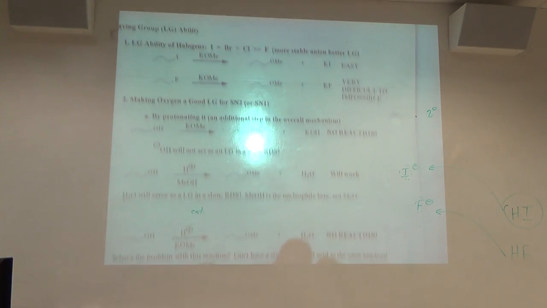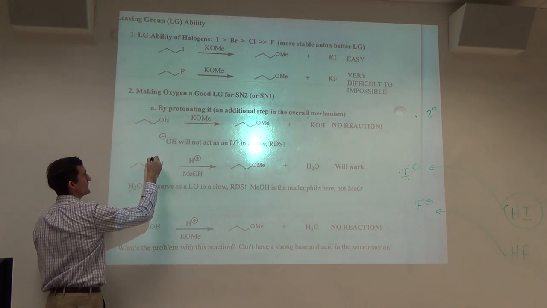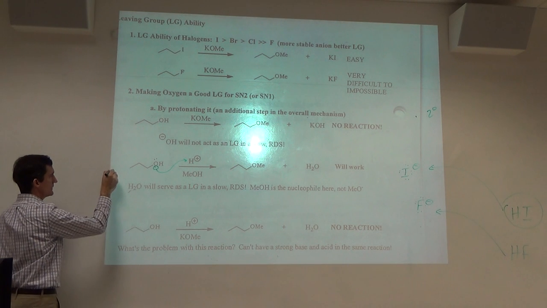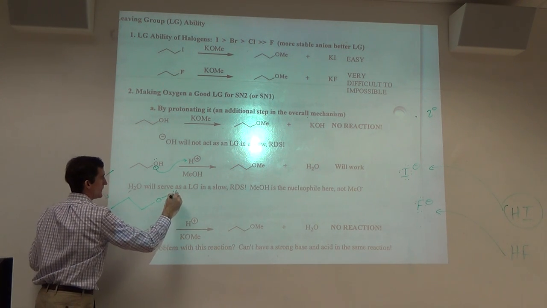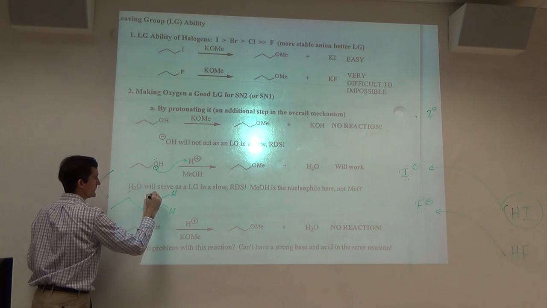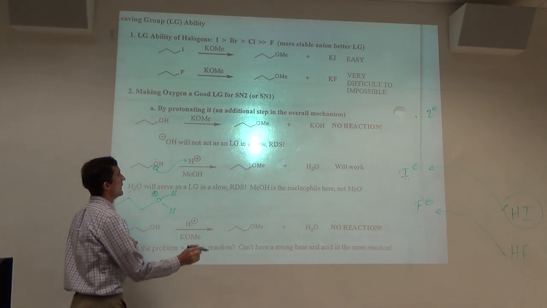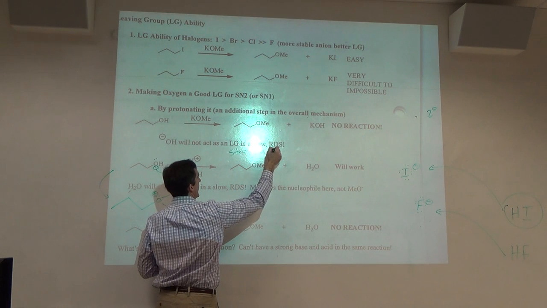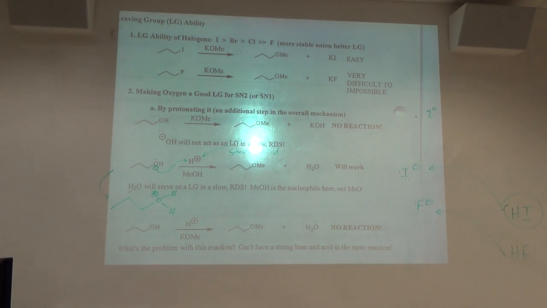Let's show that mechanism. The first thing is the lone pair reacts with the H plus catalyst, and we get a protonated OH that looks like that. Now this H plus is coming from a strong acid. It takes a strong acid to protonate OH.